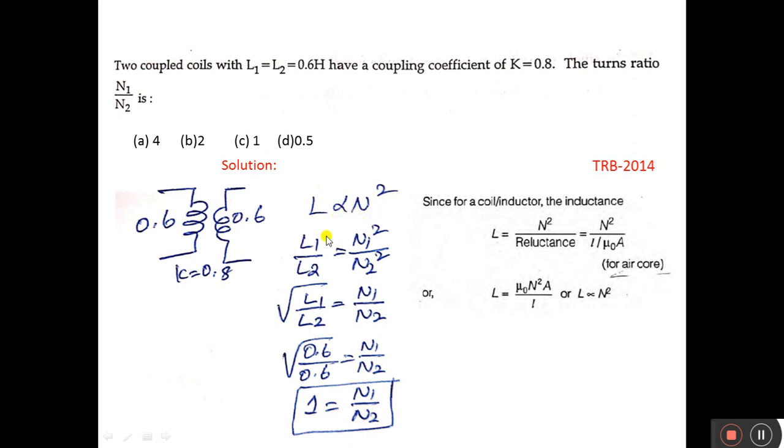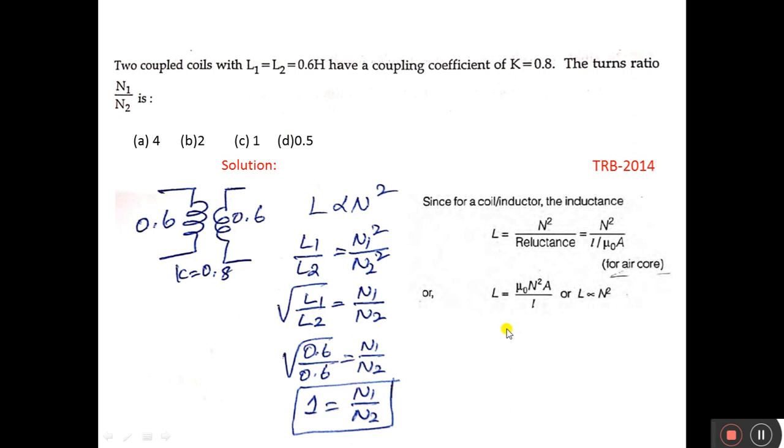So I can write L1 by L2 equal to N1 square divided by N2 square. I need N1 by N2 only, so take the square root on both sides. 0.6 for L1 and 0.6 for L2, if you divide, you get root 1, that becomes 1. So the turns ratio N1 by N2 equal to 1 directly.